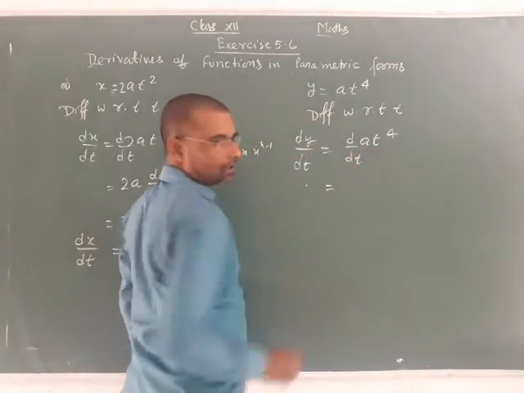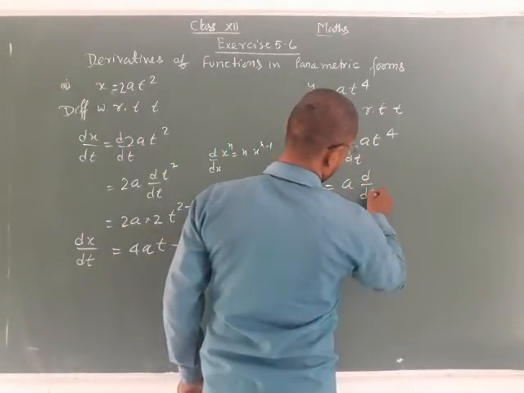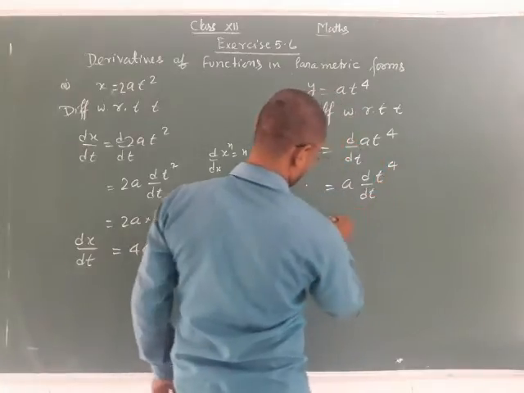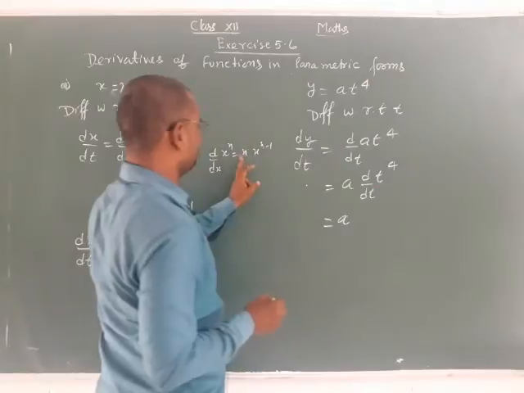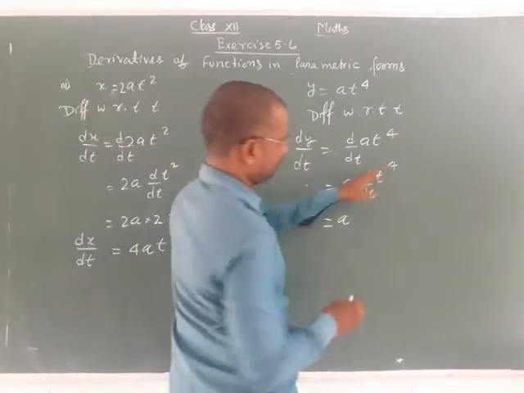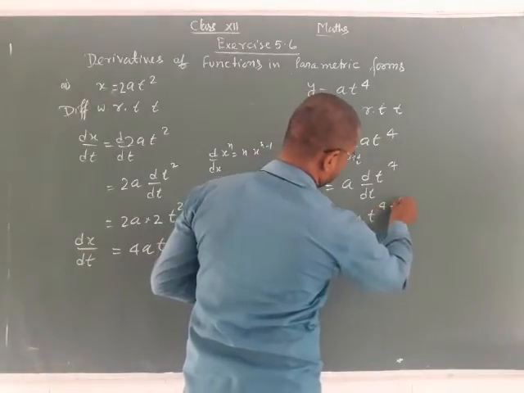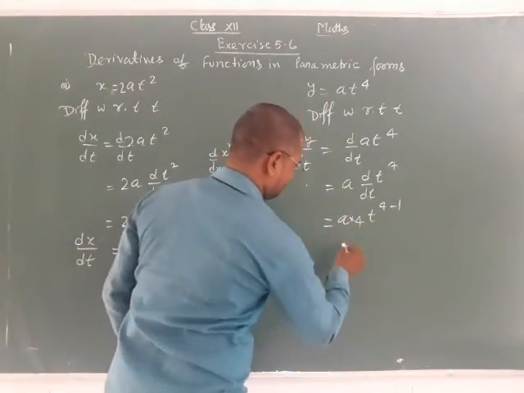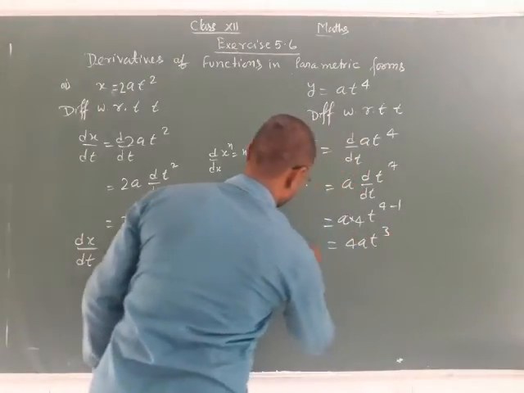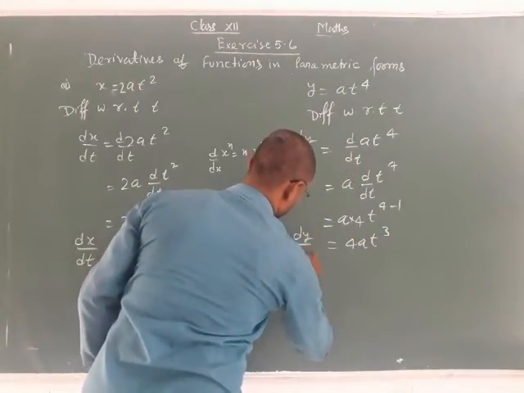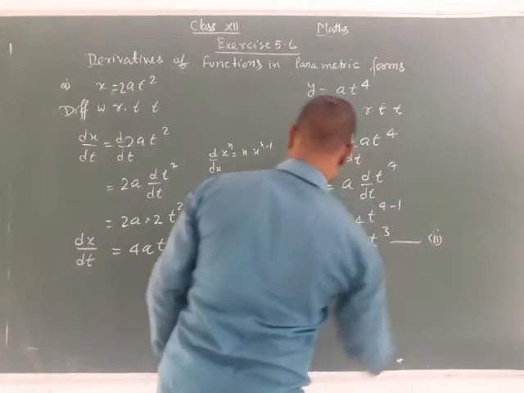Taking the constant common, according to this formula, 4 times a, t to the power 4 minus 1. So 4a t to the power 3. So that is dy upon dt.